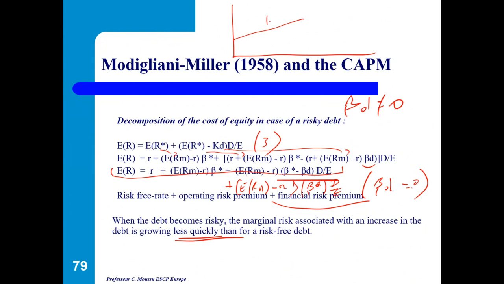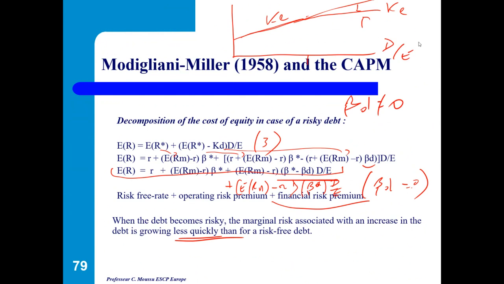So you increase the level of KE when the debt becomes risky. If beta D is different from 0, if the default risk is correlated to the market, then the financial risk premium will increase less. The growth of the financial risk premium will slow with the level of leverage.